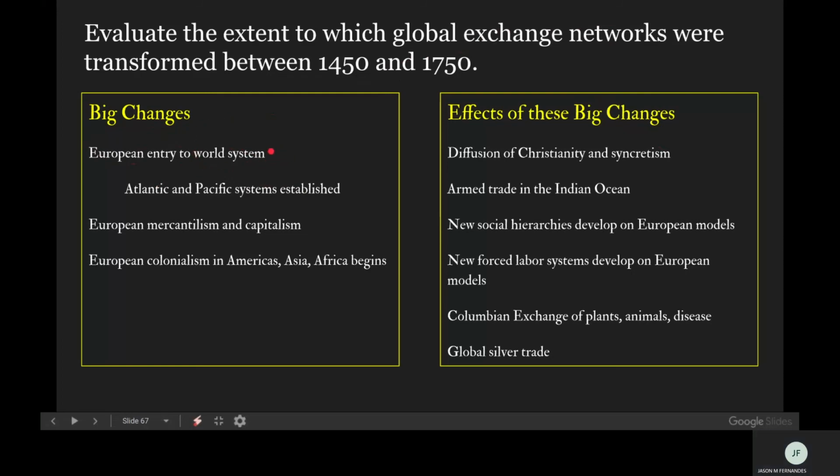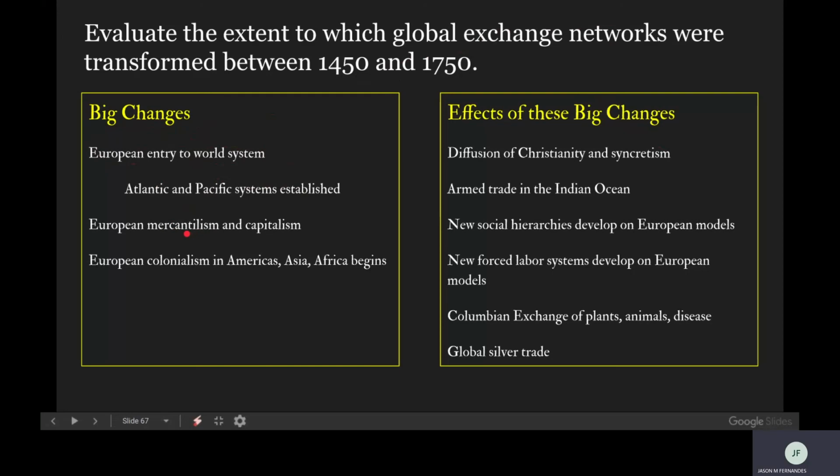And if you want to get historiographical about this, that's where Immanuel Wallerstein, our guy who looks at world system theory, started his research, with this early world system that develops with European entry. And a lot of this is due to European mercantilism and this early capitalism that's coming out of here.